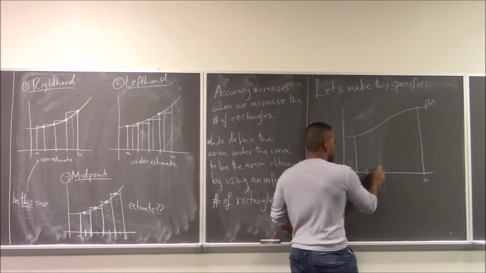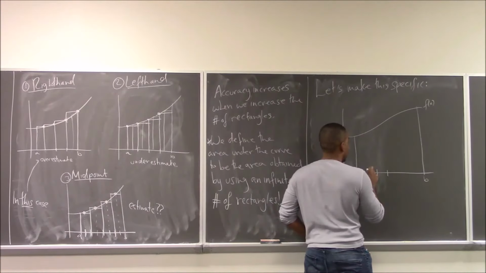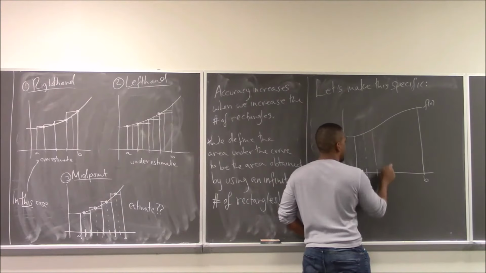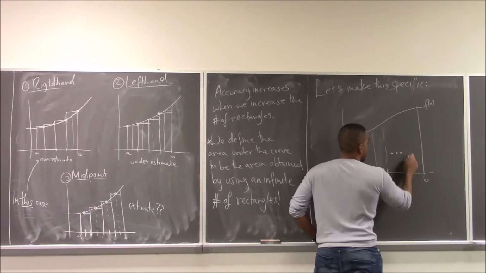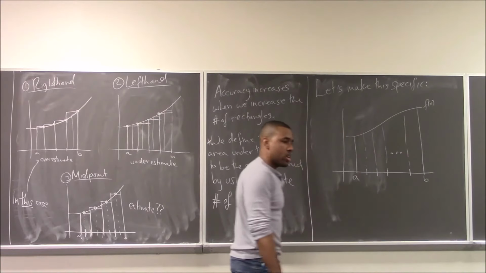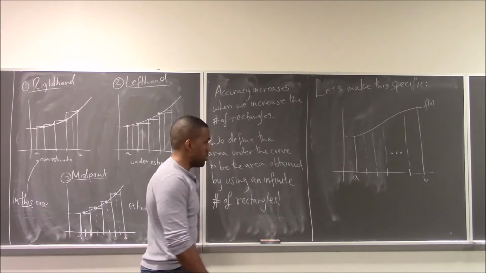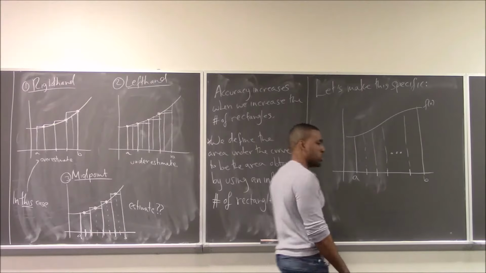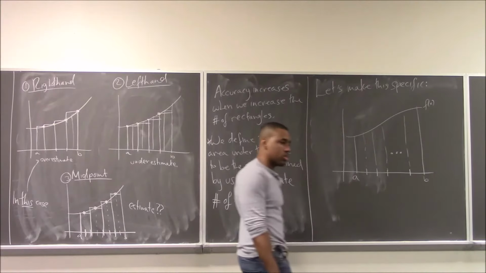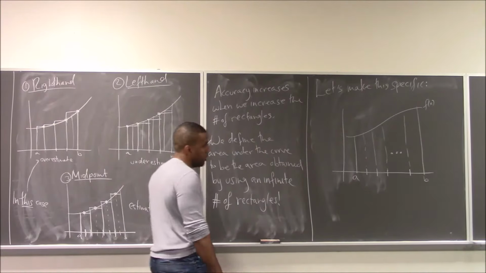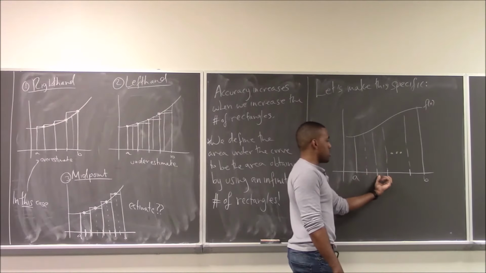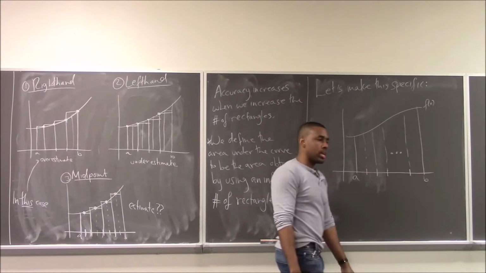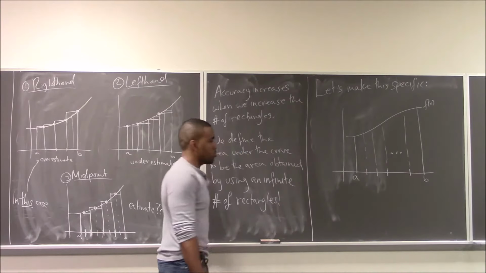Let's say I'm dissecting this into n subintervals, so we're going to make this more general. I can tell you how many subintervals I want, how many rectangles I want. And let's say I do it in such a way that all the subintervals are of equal length. What length would they be?